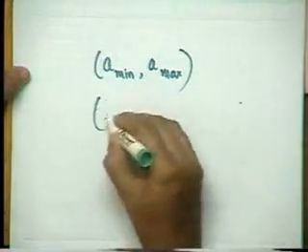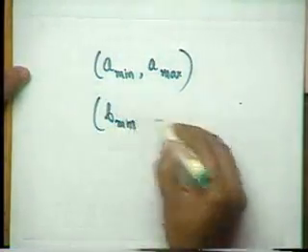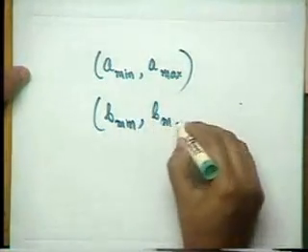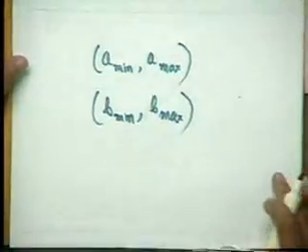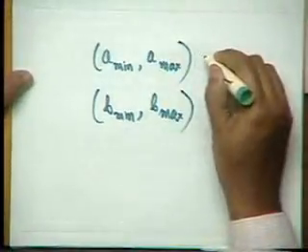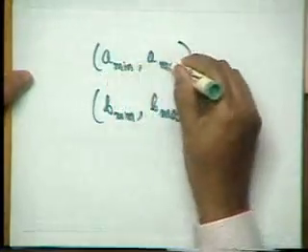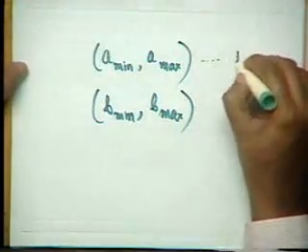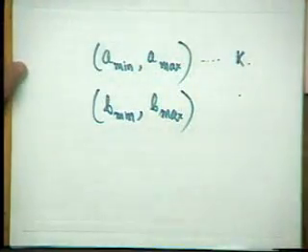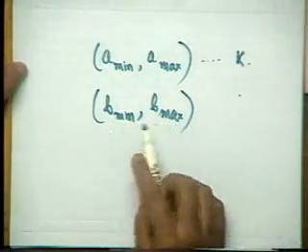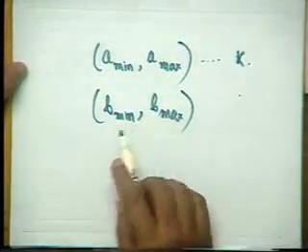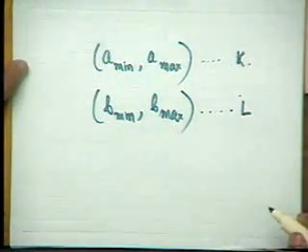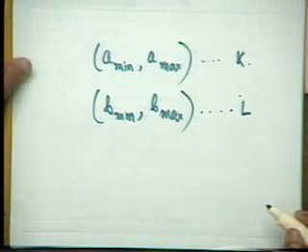Similarly, the range of B is B min for the minimum value of intercept and B max for the maximum value of intercept. Within the range A min to A max, I will be dividing A into k number of cells, and within the limits B min to B max, I will be dividing the B axis into L number of cells, so that I have a total of k into L number of cells.